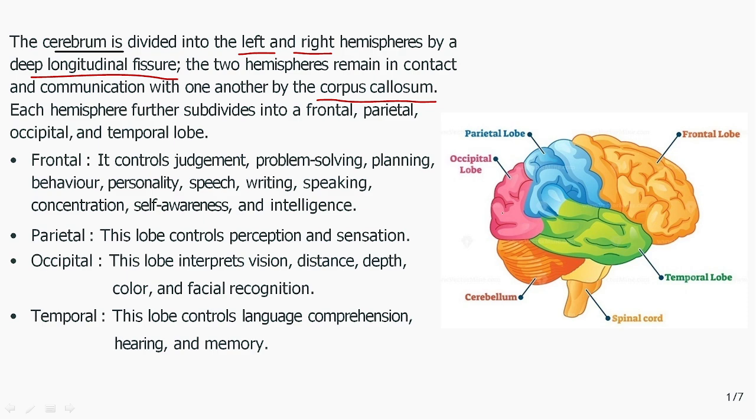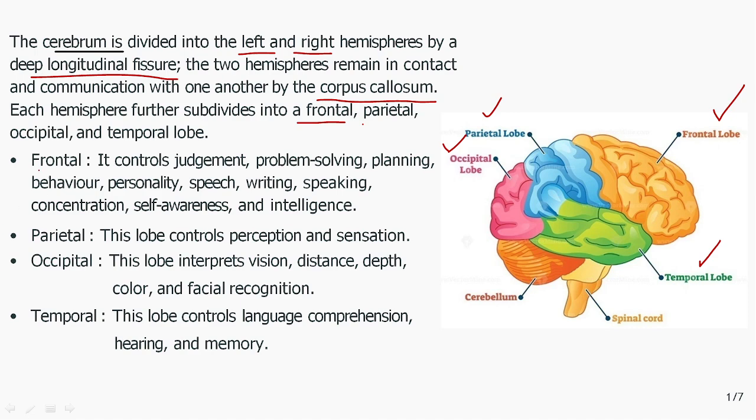Basically we will focus on these four prominent lobes: the frontal lobe, parietal lobe, occipital lobe and temporal lobe. Depending upon these lobes, their functionality also differs.